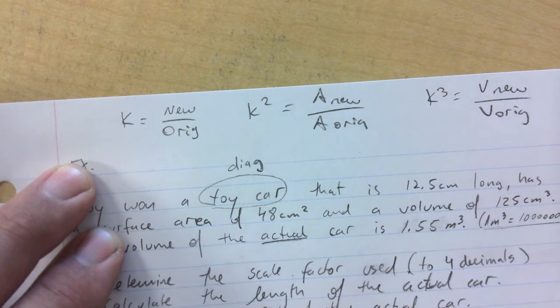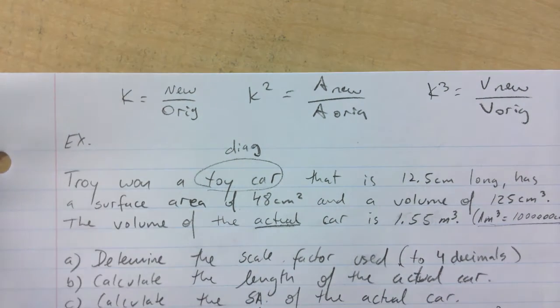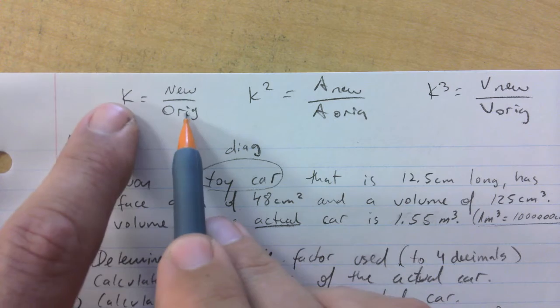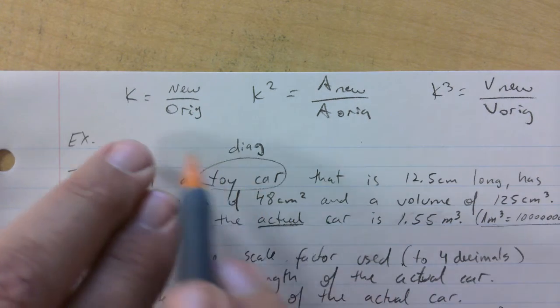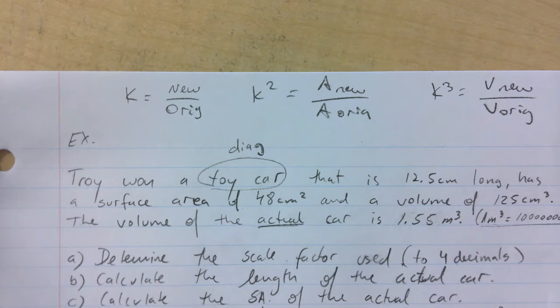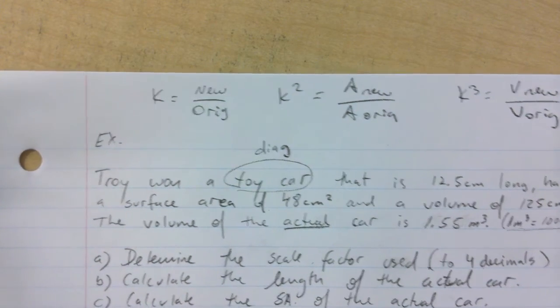And the same goes with diagram and actual. But if you know two of these, you can find the third, right? So if you always come back to these formulas, then you should be able to plug in and go. Make sure the units are the same, and then you'll be fine.